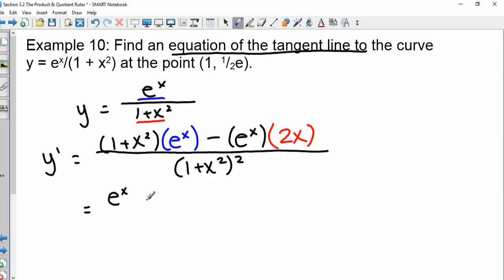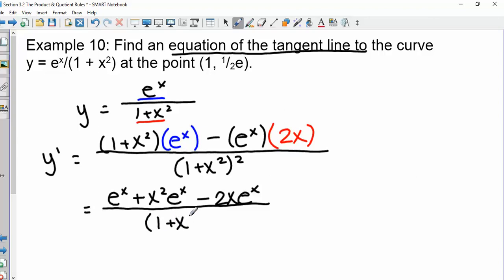Okay, so you can distribute, but do we have any like terms or anything to combine here? No. But keep in mind, we're trying to write the equation of the tangent line.